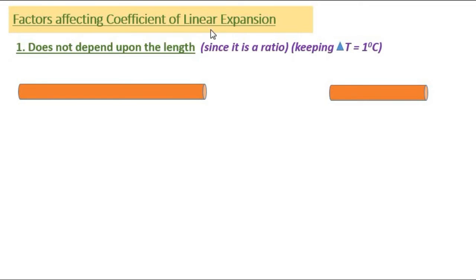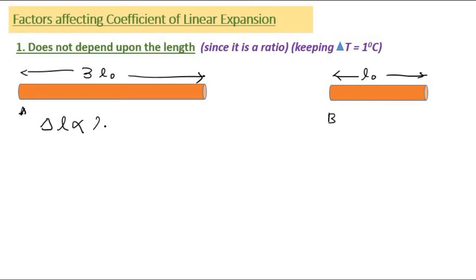Let's understand that this is rod A, this is rod B. Rod B has length L0, and this length is suppose 3 times L0, that means thrice the length of rod B. Now we had already discussed that delta L is proportional to L0, which means if I increase the temperature of this rod by 1 degree, this rod will expand by delta L amount.